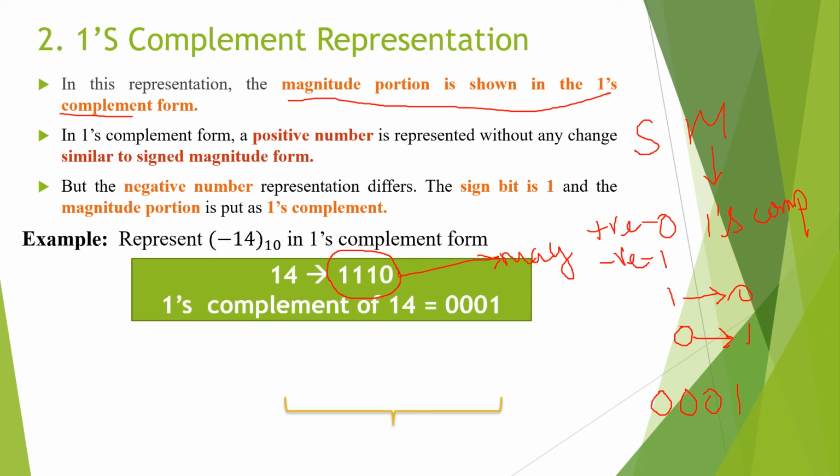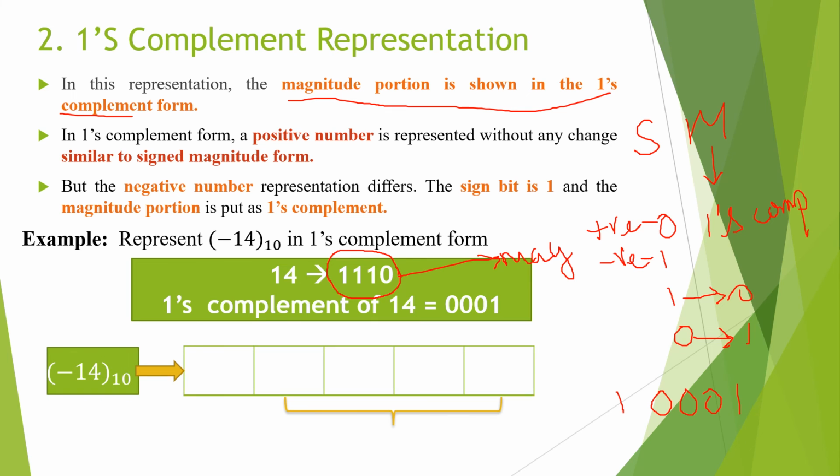Now you have to include the sign bit. Since it is a negative value, you include the sign bit as 1. The magnitude part is 0001. After taking the ones complement of the magnitude, you include the sign bit.